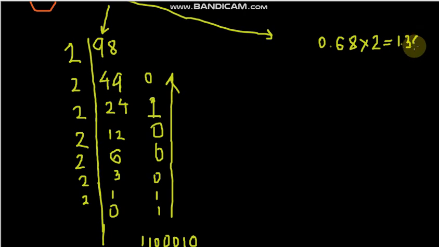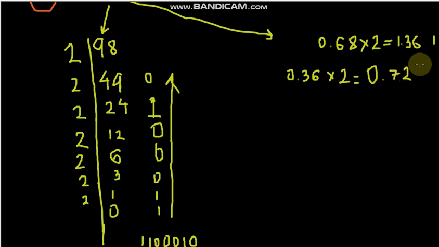1.36. This 0.36 goes here below, that is 0.36, and this 1 on the right hand side. Now 0.36 into 2 is 0.72.